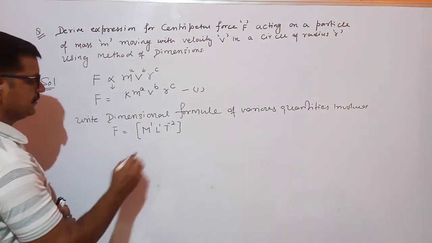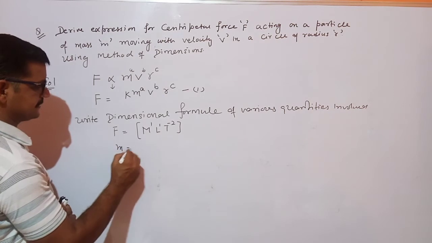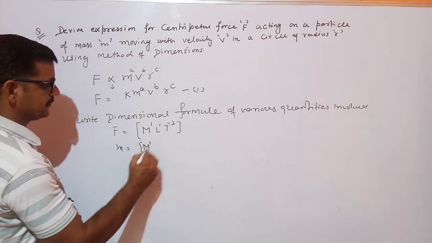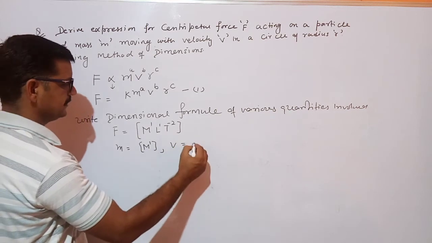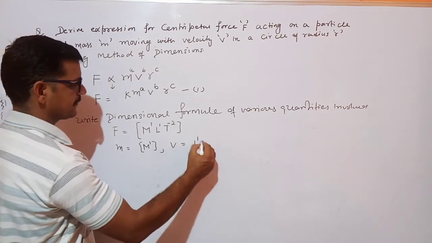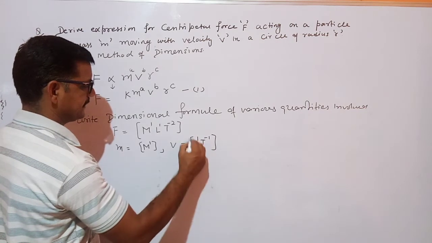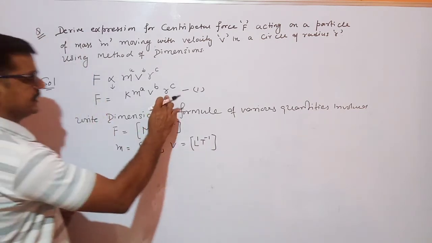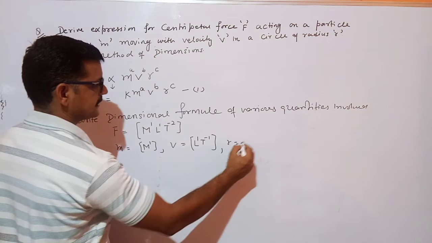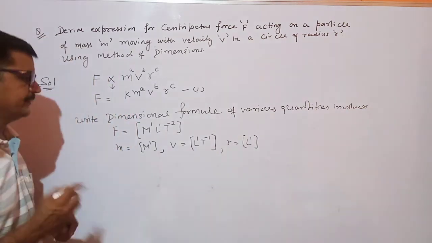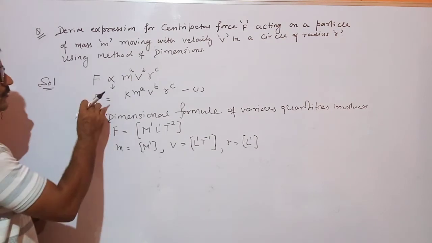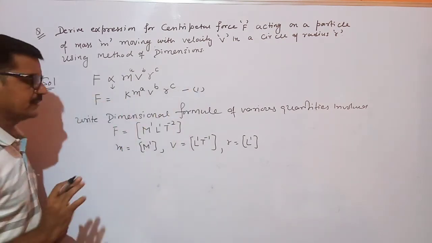Now you know the dimensions of mass, m power 1, dimensions of velocity v, that is l power 1, t power minus 1. And radius has the dimensions of length, l power 1. So now put all these values in equation number 1.